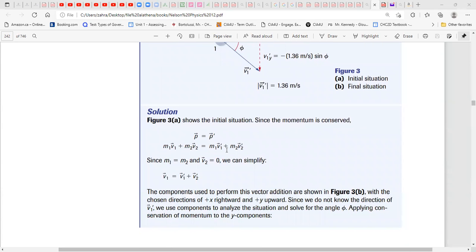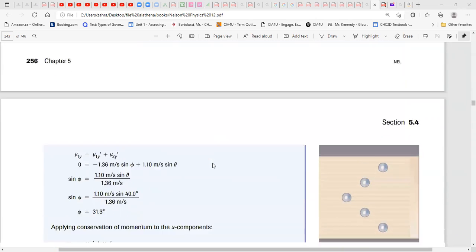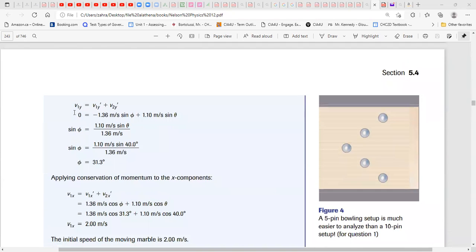For conservation of momentum, you need to write it in the x and y dimensions: m1v1 plus m2v2 equals m1v1 prime plus m2v2 prime. The velocity of the second marble was 0, so you don't have it. Let's do the y component. The first marble is just moving horizontally before the collision, so there is no y component.